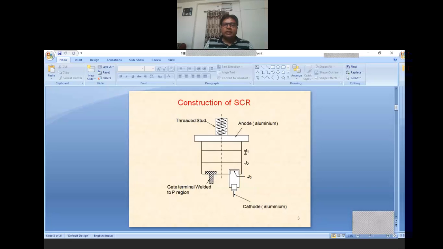In between, the junctions formed are J1, J2, and J3, and there are different types of construction to form these layers side by side alternatively. There are epitaxial types of construction, MESA type of construction.